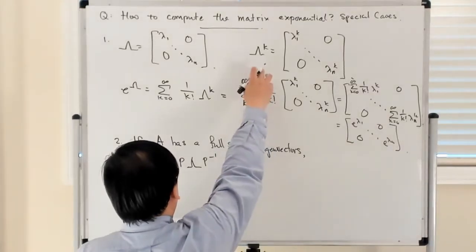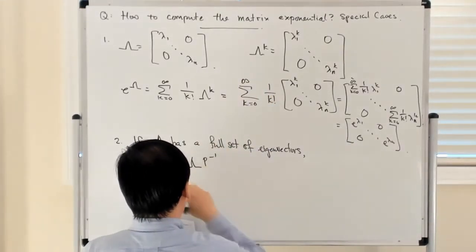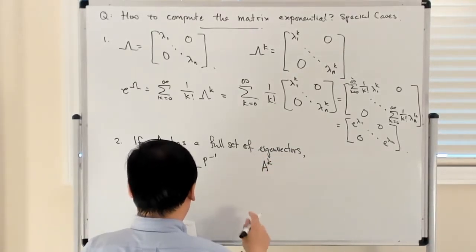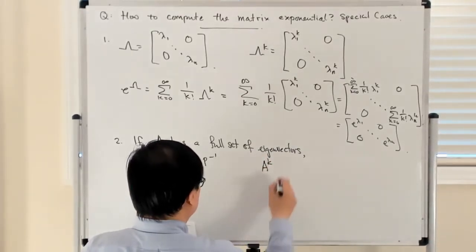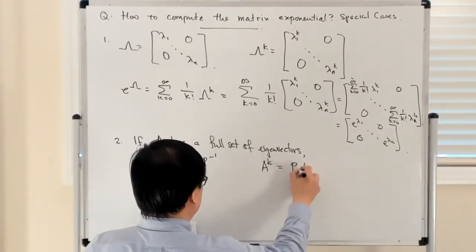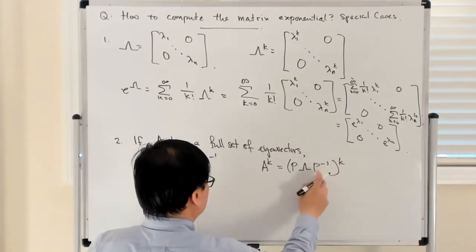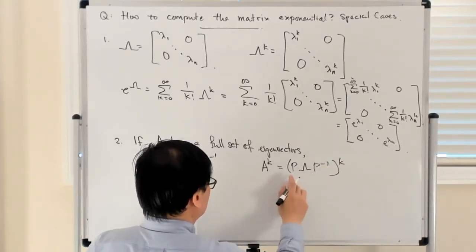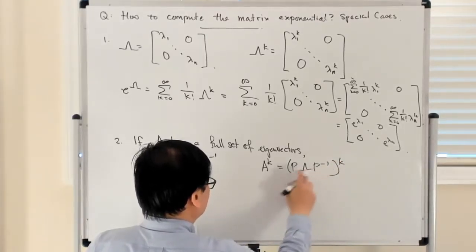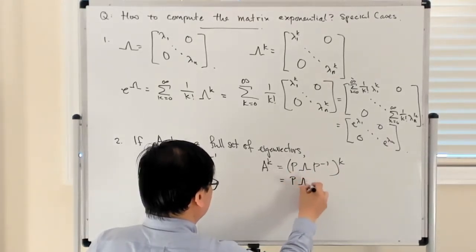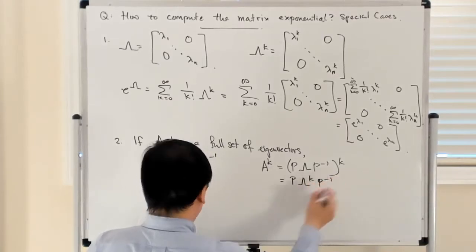As before, I'm going to look at A to the k power. A to the k power is just P lambda P inverse to the k power. But then essentially the P inverse multiplied by P all vanish, so that just ends up being P lambda to the k power P inverse.